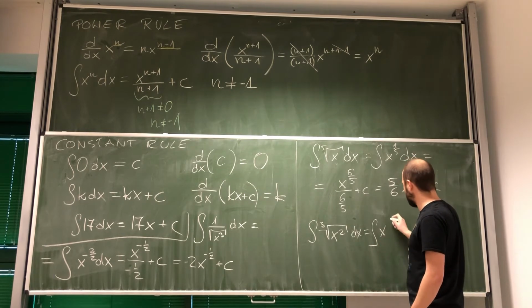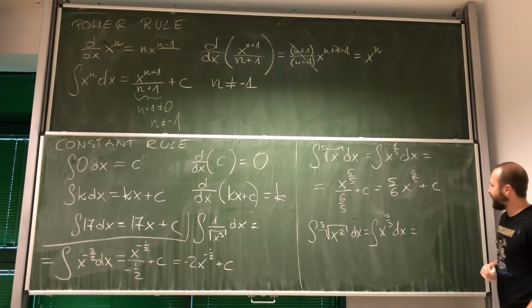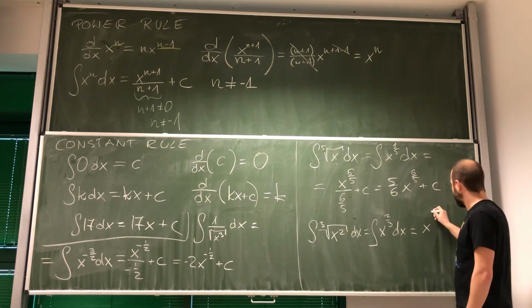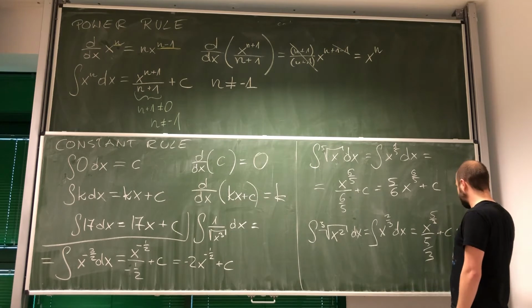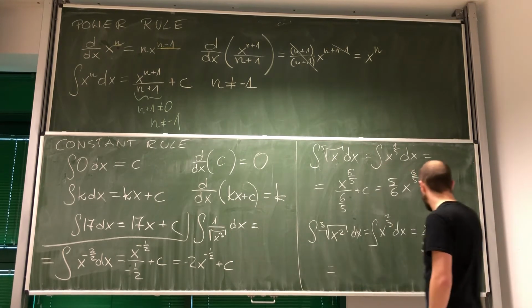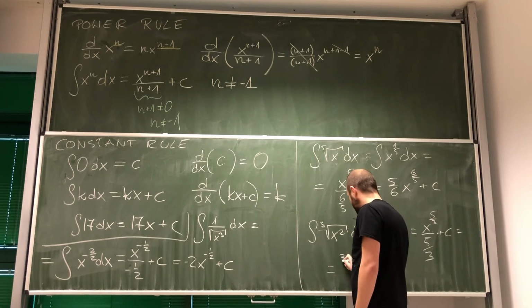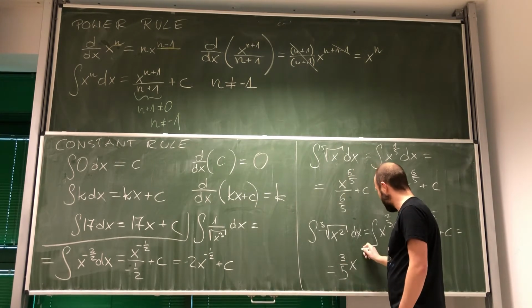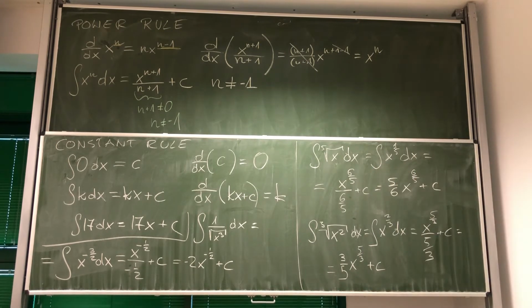We got x to the power 2 over 3 dx, and now we're adding 1 to the power, so we're getting x to the power 5 over 3 divided by 5 over 3 plus c. But dividing by 5 over 3 is like multiplying by 3 over 5. Then we've got 3 over 5 x to the power 5 over 3 plus c.